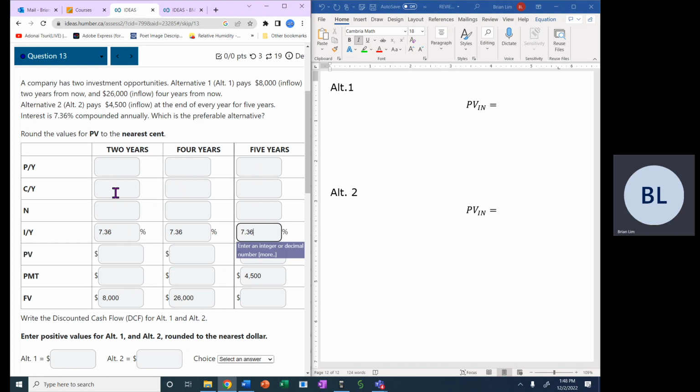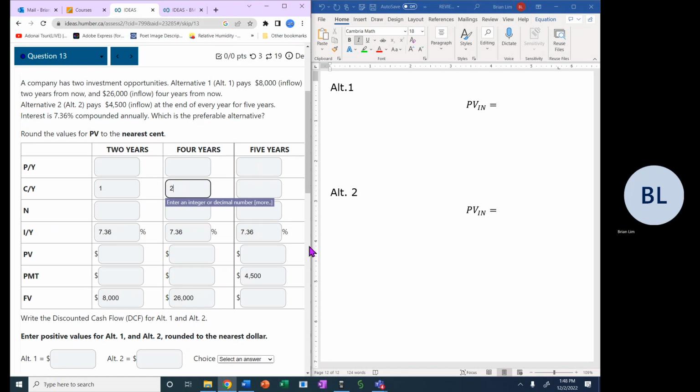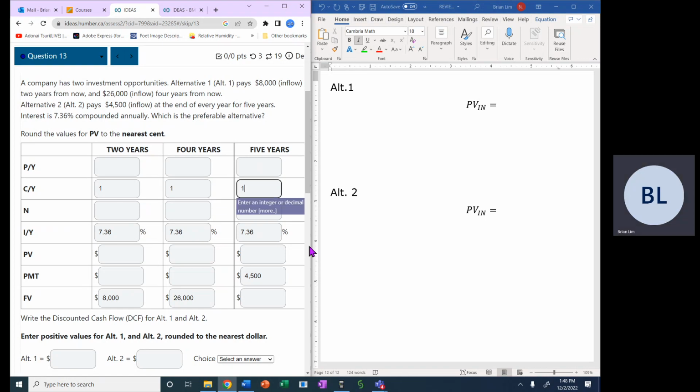Okay, compounded annually. So that means that this will be 1 for CY. CY will be 1 right across. Now this 2 years and 4 years, that is more compound interest, so PY and CY will be equal. So that would be 1.